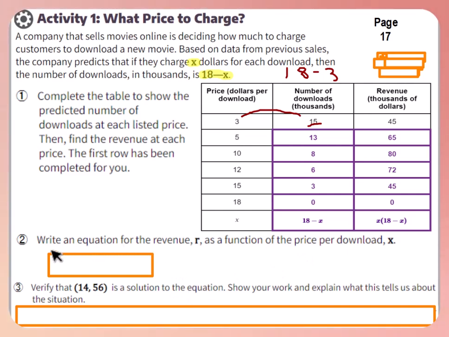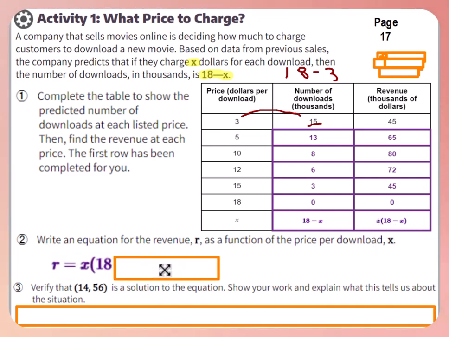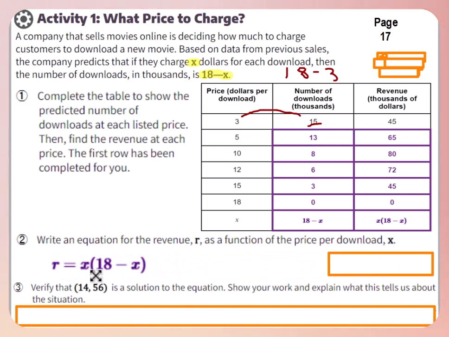And we're asked in question number 2 to write an equation for the revenue R as a function of the price per download. We already have the expression. Let's just write that as an equation. So the revenue R equals x times 18 minus x. Now you're asked to verify that 14, 56 is a solution to the equation, and you're asked to show your work and explain what this tells us about the solution.